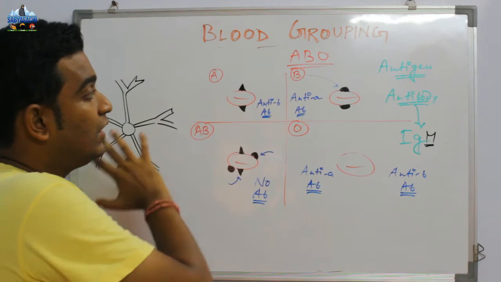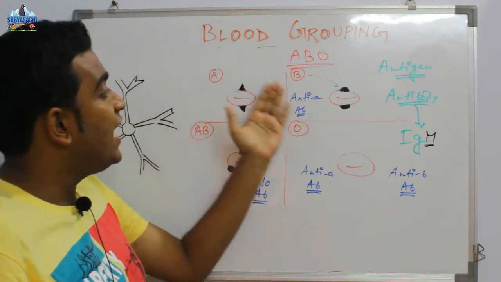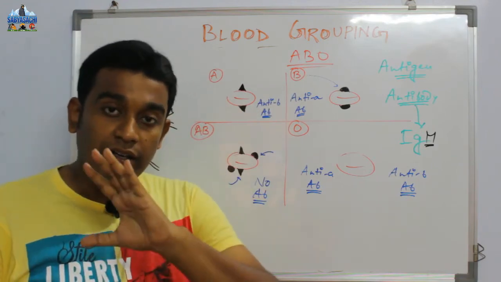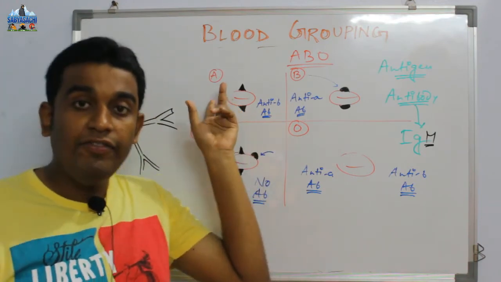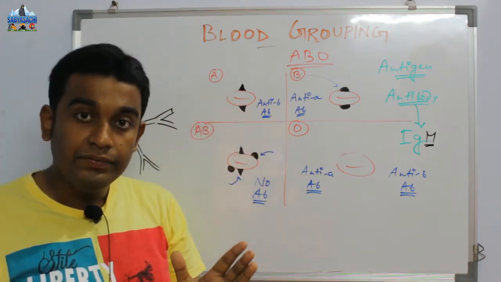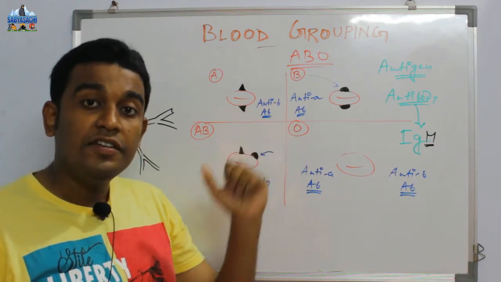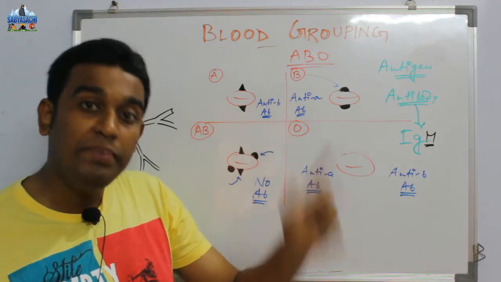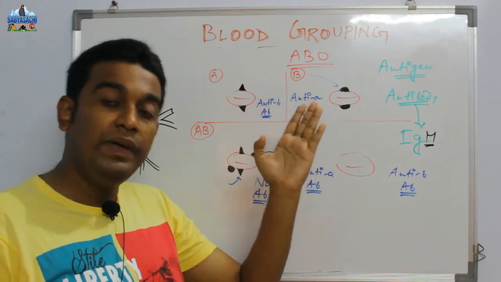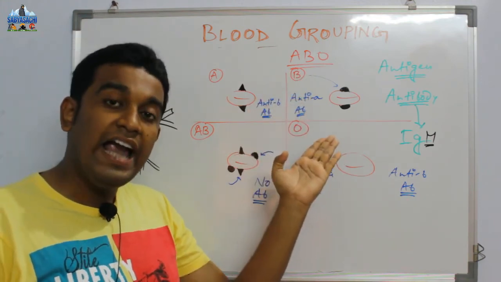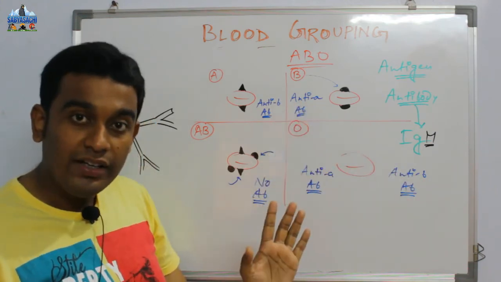That's about the ABO system as of now, keeping antigen and antibody in mind. So moral of the story, A blood group will have antigen A and antibody against B antigen. So that is anti-B antibody. Right? B blood group will have B antigen and A antibody. You see here, anti-A antibody.